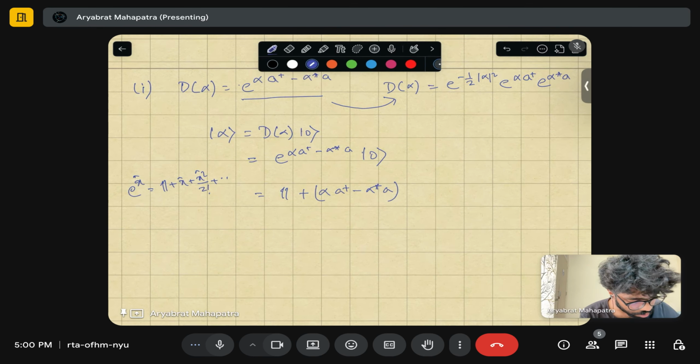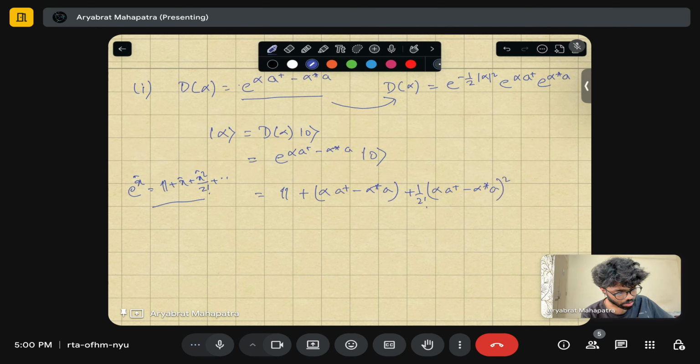I was telling you, if you use this exponential expansion of this exponential operator, you will get something this way: alpha a dagger minus alpha star a, then 1 over 2 factorial times alpha a dagger minus alpha star a, that is squared. That means you have two such operators.